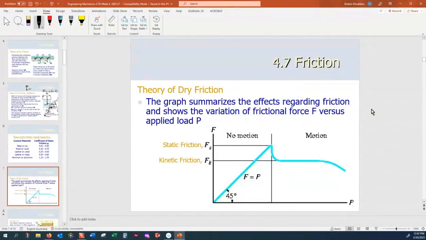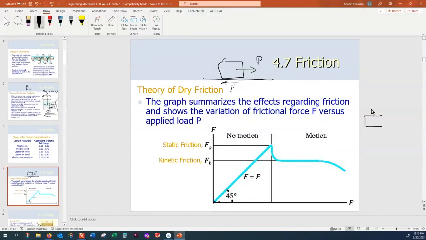And here you notice this is the most important diagram for solving the problems in this section. This diagram is accompanied by a shape. I have a block, and then I apply a force of P, and there is a resisting friction of F. When the driving force is zero, the friction is zero.